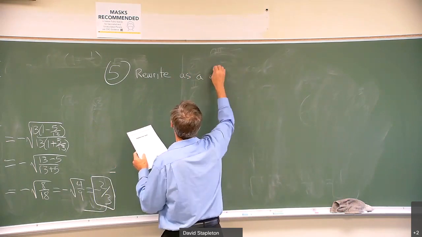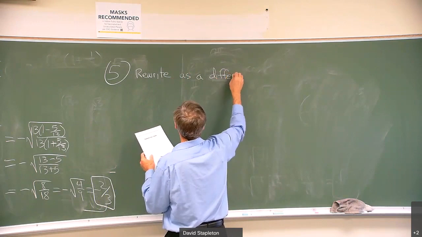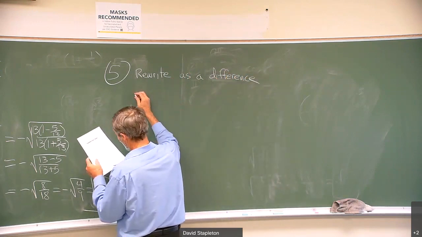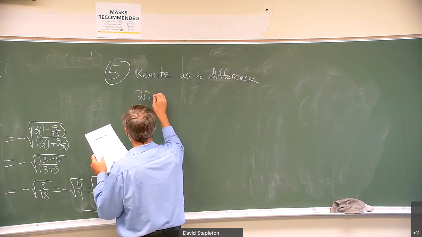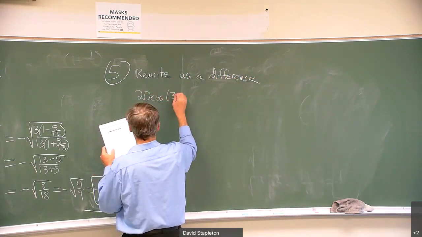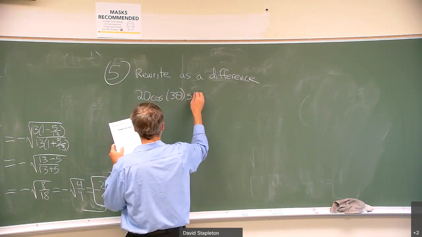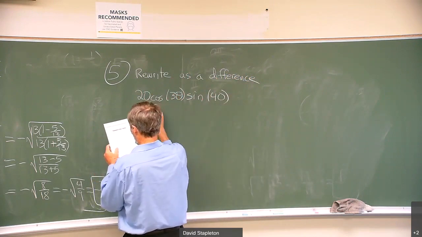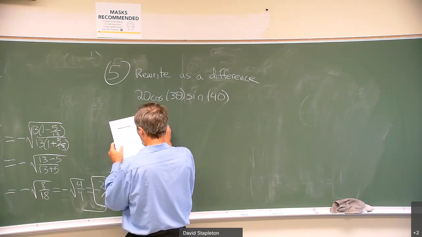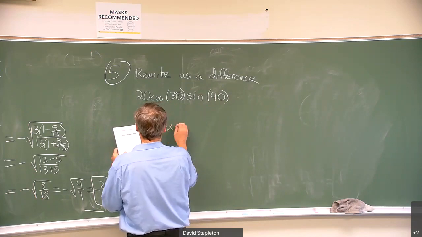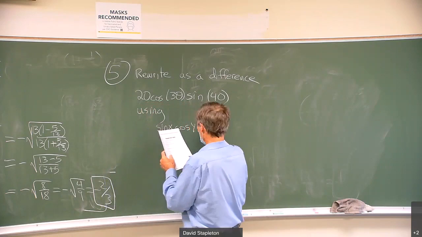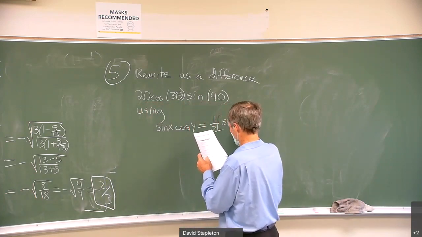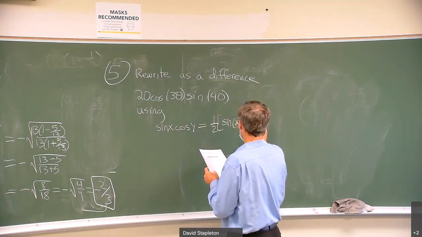Rewrite as a difference of trig functions. 20 cosine 3 theta sine 4 theta, using the product to sum formula: sine x cosine y equals 1/2 times sine of x plus y minus sine of x minus y.